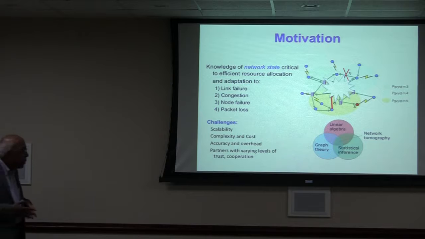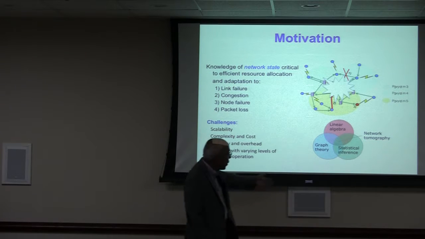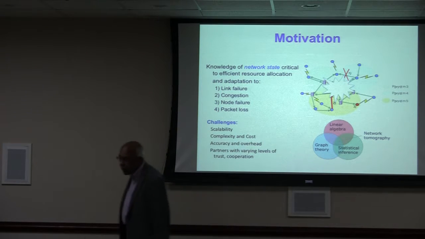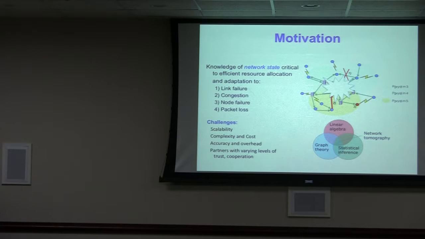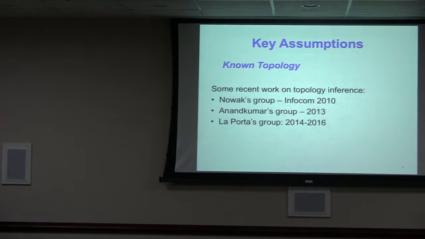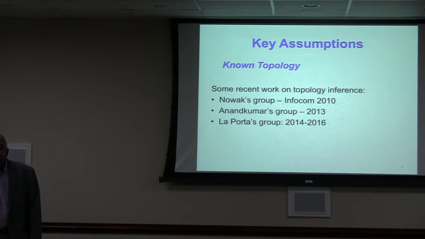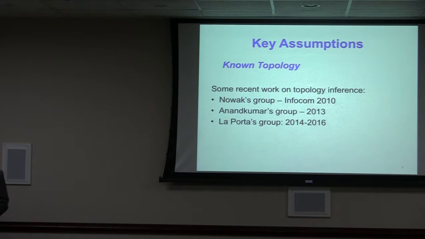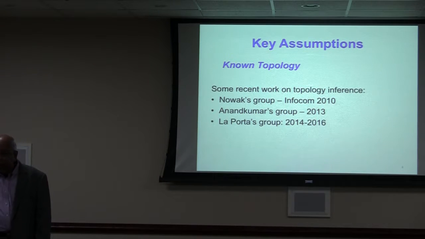Since we talk about networks, we'll use graph theory, and we'll talk about estimation, which is just inference, standard tools one would expect. One key assumption: I know the topology. We have other work on topology inference, which is what John is saying; tomography can also mean that you infer topology. Here I'm going to assume I know the topology.